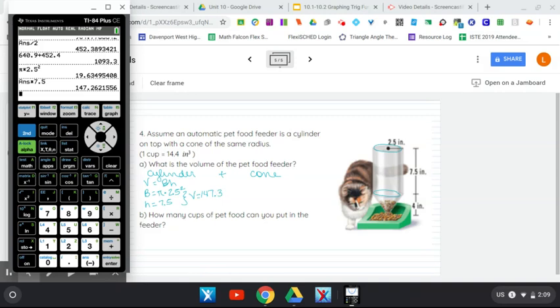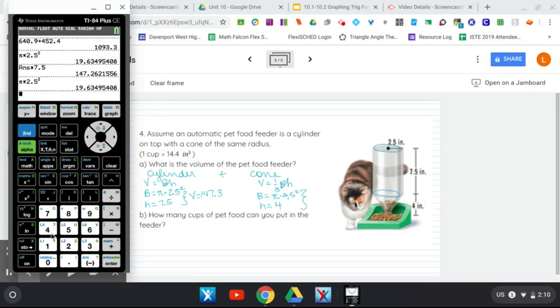All right, so now we'll do the cone. So the cone is 1/3 the area of the base times the height. So when I do the area of the base, we'll do pi times 2.5 squared. And the height for the cone is 4 inches. So in my calculator, I will do pi times 2.5 squared.